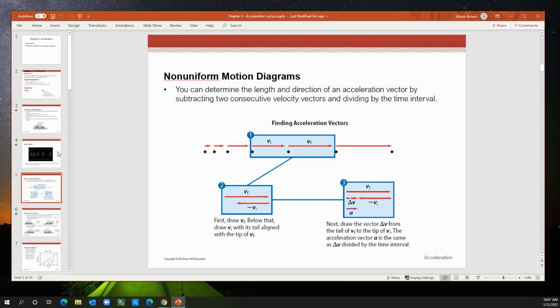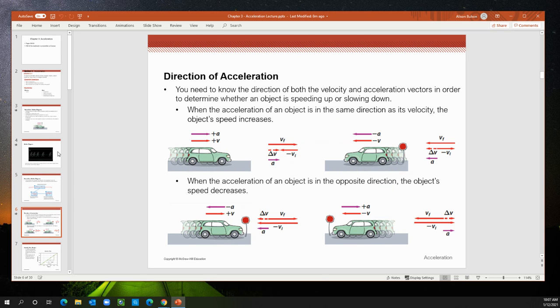We're not going to worry too much at the moment about finding an acceleration vector direction from a motion map or a motion diagram, but this reminds us that acceleration really has a direction, and instead we'll focus on the rule of thumb of acceleration direction. So if an object is speeding up, if an object is, using our everyday term, accelerating, then acceleration and velocity point in the same direction.